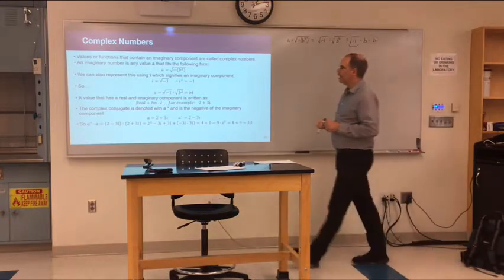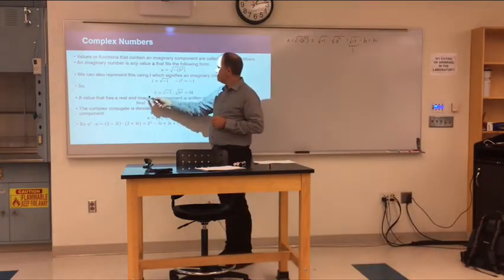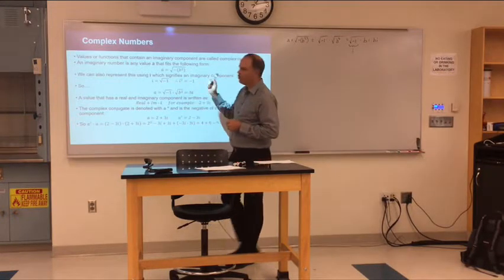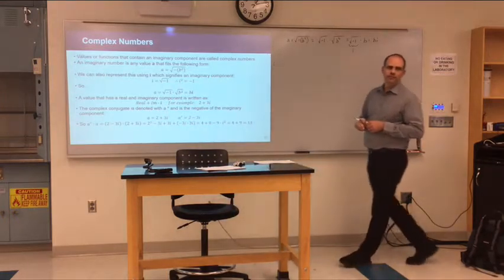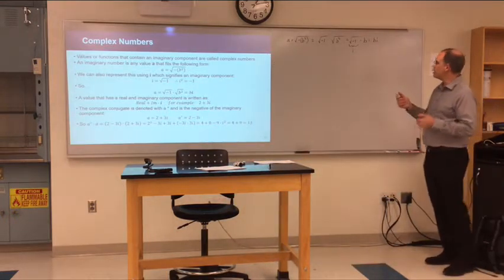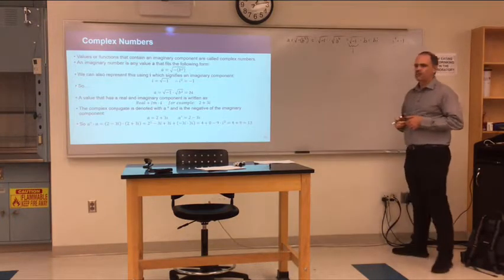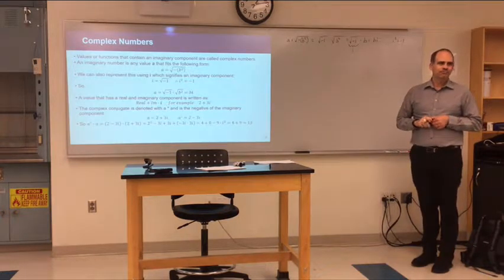So the value i is equal to the square root of -1, so if we take i and square it, we get back -1. So essentially, i squared equals -1. We're going to be using this a lot.